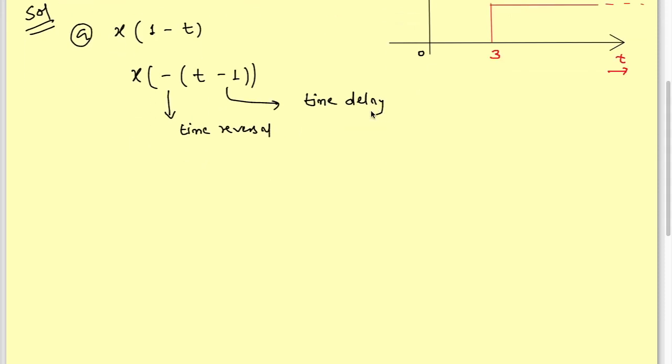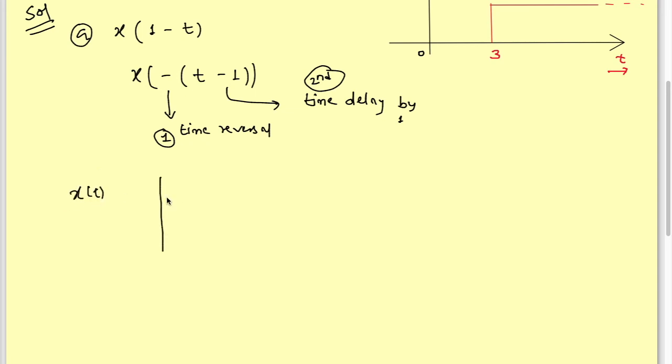My signal x of t is something like this. This is my first, this is my second. So x of t here will look something like this.